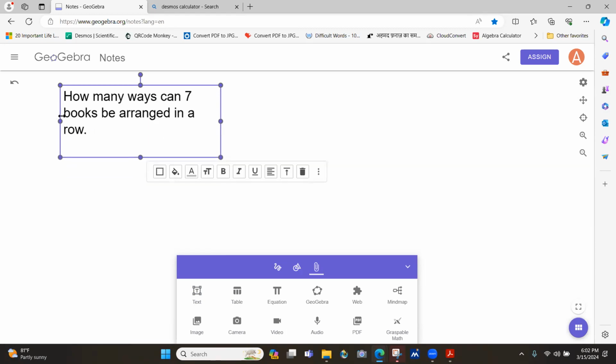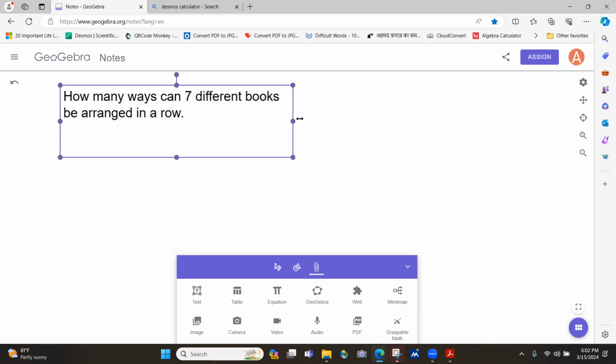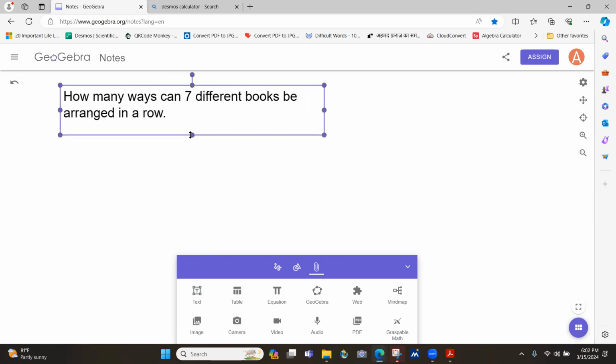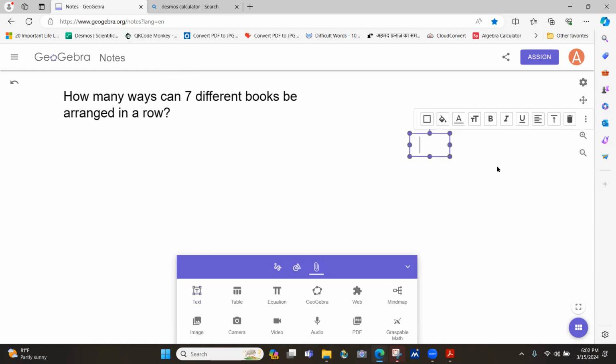How many ways can 7 different books be arranged in a row? Again, order matters, in a row. That's pretty straightforward, right? That's going to be 7 factorial. So the first position can be filled in 7 ways, then 6. So the answer is pretty simple, 7 factorial.